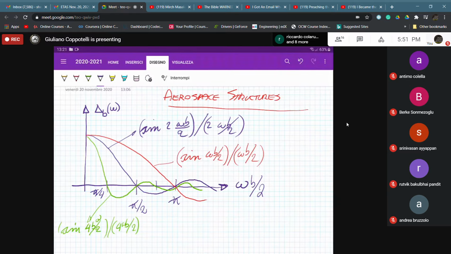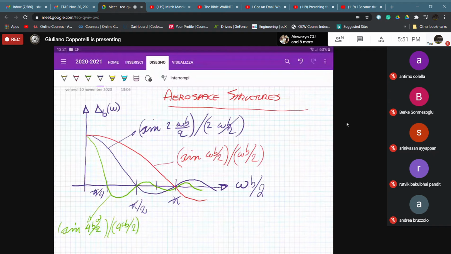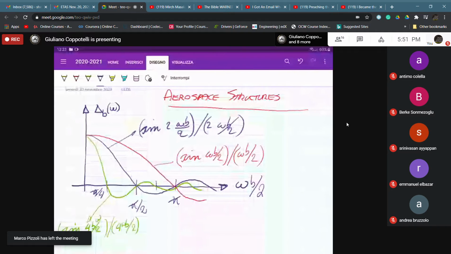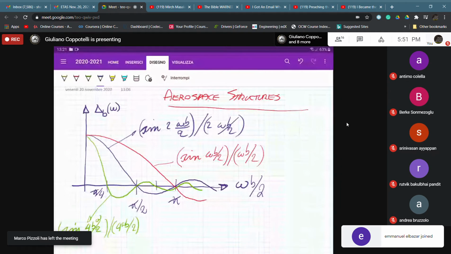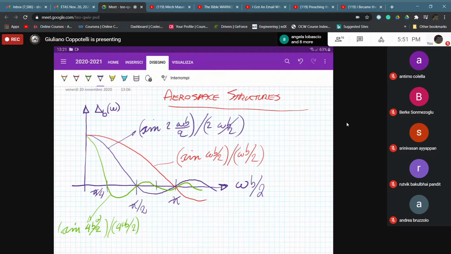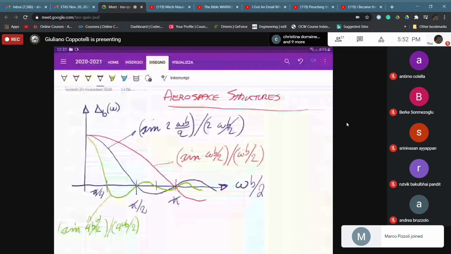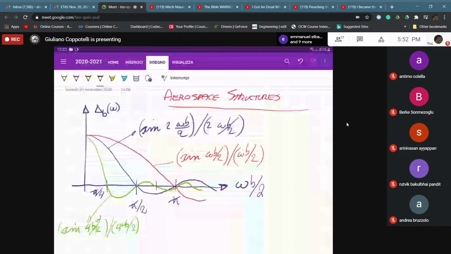And we analyzed different approaches related to modal appropriation, sine excitation, harmonic excitation, sine sweep, periodical. Then we moved to the random excitation, and we saw together the usefulness of the H1 and H2 estimators.